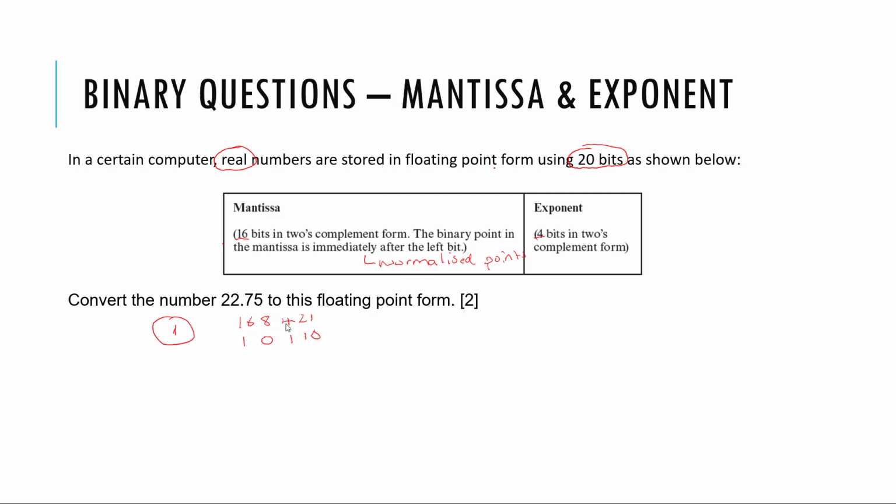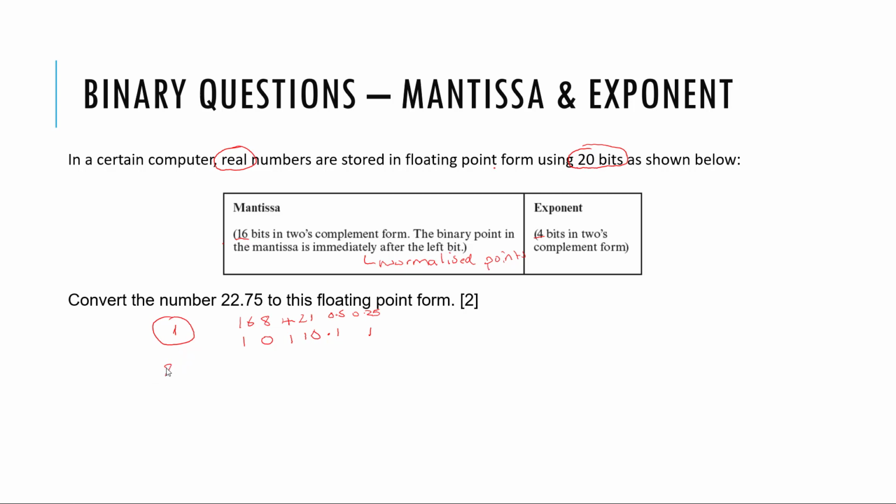Double check. That's 16 plus 4 is 20 plus 2, so that's 22. Then after the decimal point, you have 0.5, you have 0.25. So you half every time. So I've got 0.5 and a 0.75. So that represents 22.75 in the shortest possible bits.